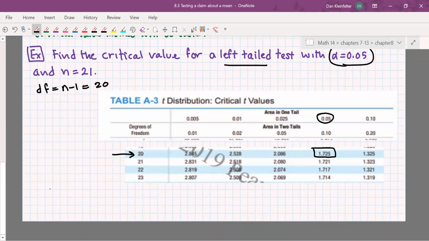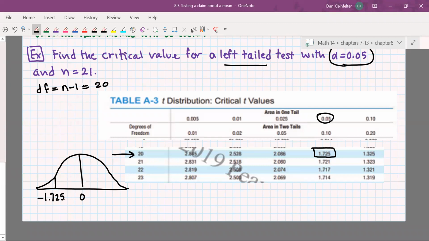But one thing you're going to have to be careful of is that this thing says that it is a left-tailed test, right? And the t-distribution is centered at 0. Remember that the t-table only has positive values in it. So because this is a left-tailed test, and we just use symmetry to give us the negative values, the value we actually need for this is negative 1.725.